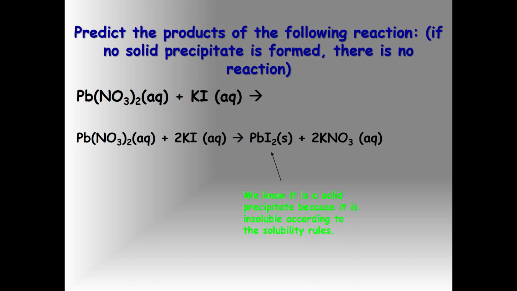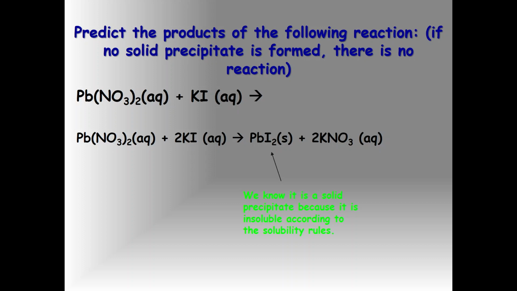We need it to go from one side to another, and the only way that can happen is if we no longer produce ions. If it dissolves in water, it actually dissociates and is able to produce ions in the water. So in order for the reaction to work, we also need to have a solid or precipitate on the right side.